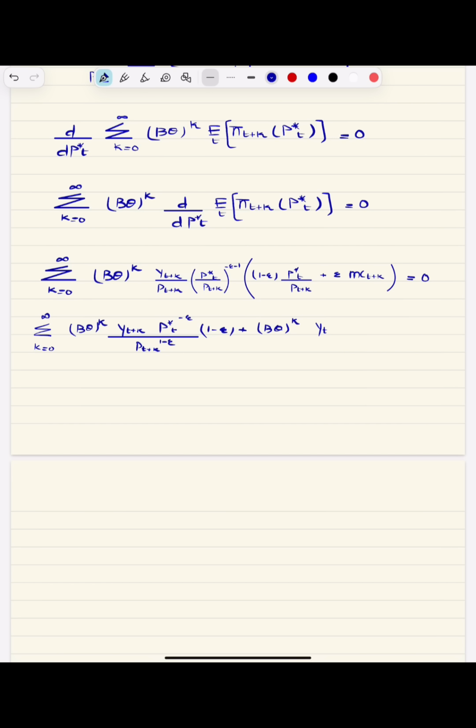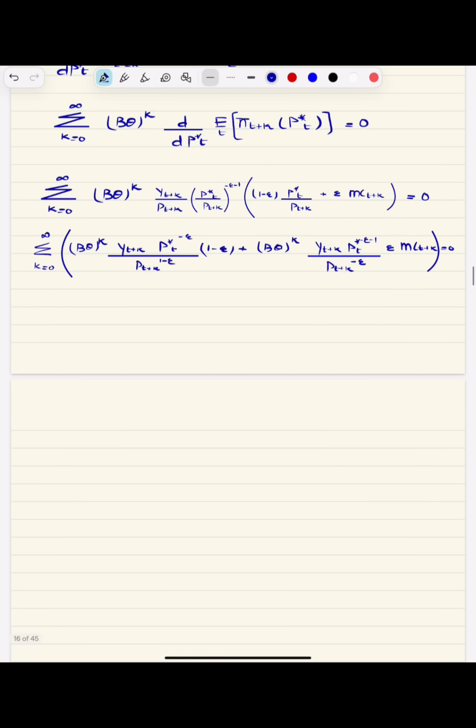We'll have a yt plus k, p star t e minus 1, but in the denominator we'll have a pt plus k, and we're just going to get a minus epsilon here, and multiplied by epsilon marginal cost t plus k is equal to 0. So now we can just put the summation sign on things wherever we have a k, the summation is going to apply on that.